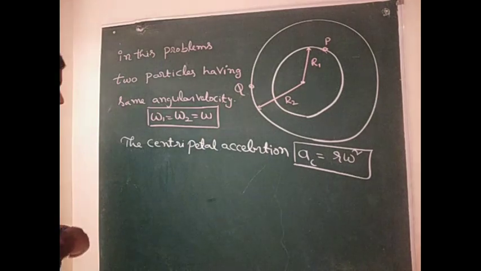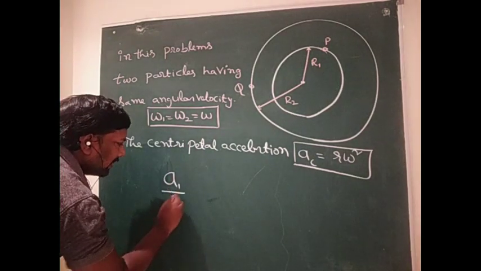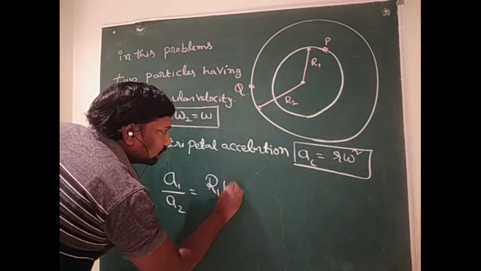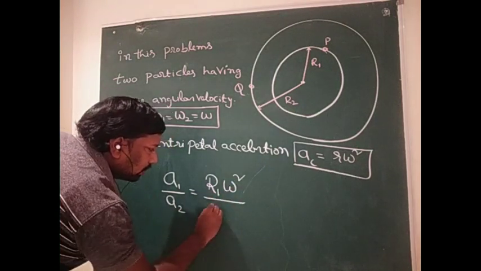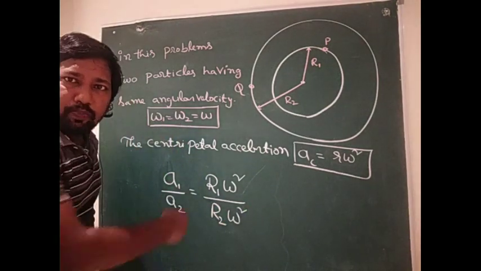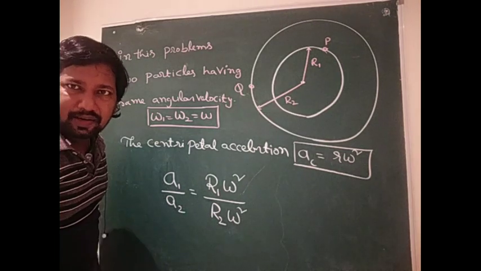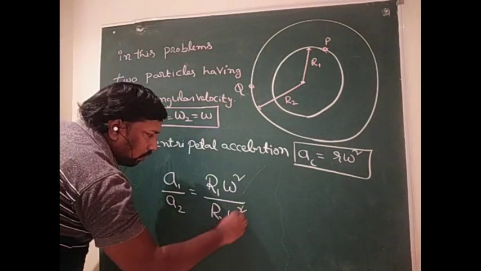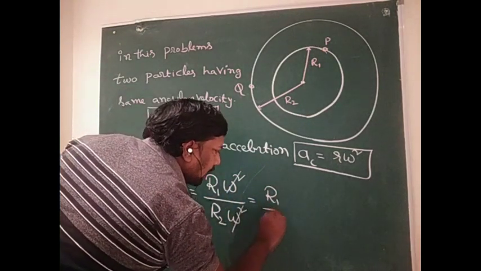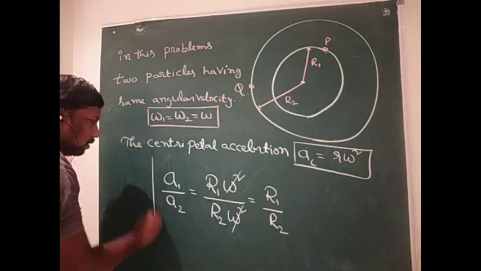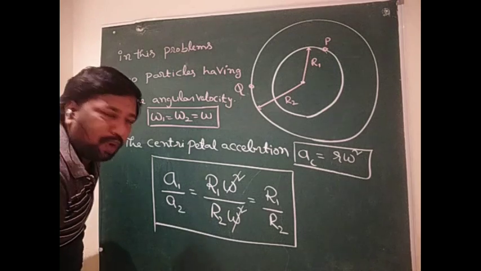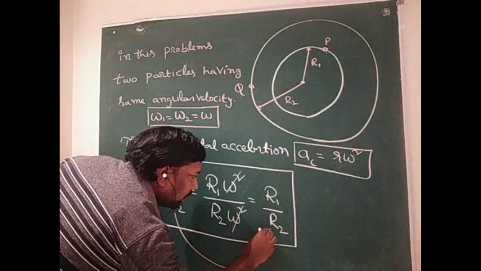So A1 is to A2 equals R1 omega square is to R2 omega square. Here the two particles have the same angular velocity, so omega square is cancelled. Therefore, the ratio of the centripetal accelerations of the two particles is R1 is to R2.